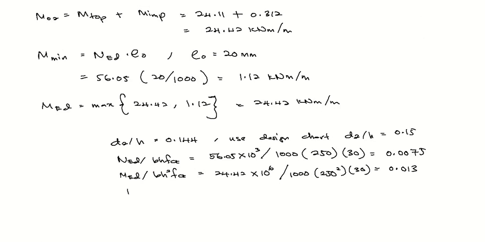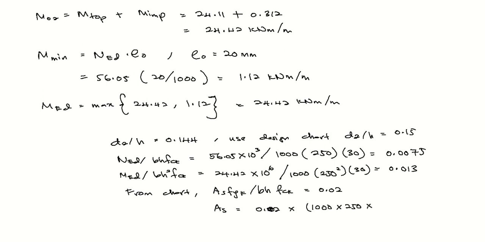From the chart, ASFYK over BHFCK equals 0.02. Now let's figure out what the AS is. AS equals 0.02. We bring BHFCK to the right side, so it will be times B times H times 30.